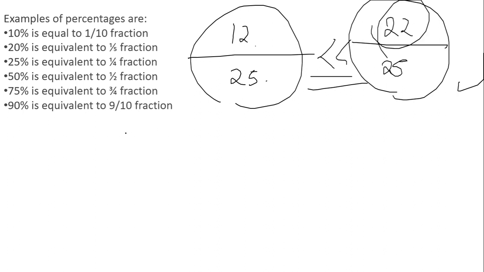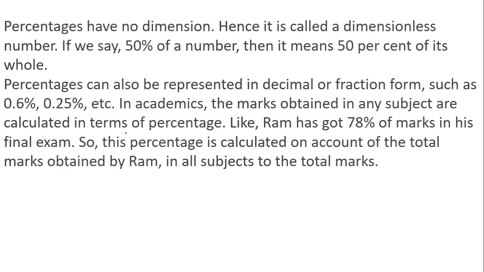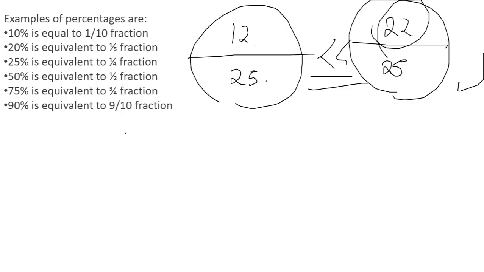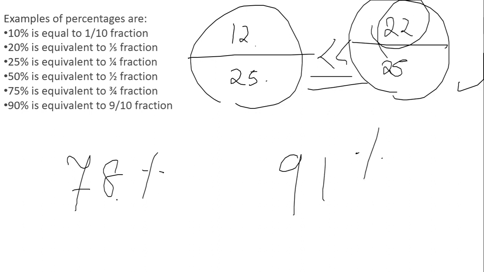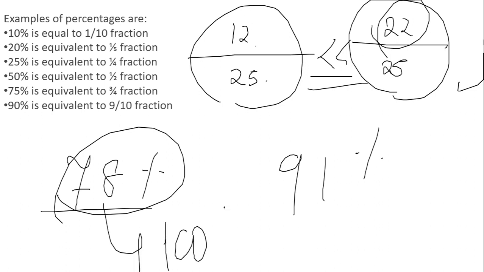At the same time, whatever percentage is given, for example, one student got 78% and the other got 91%, here we are calculating this 78% keeping in mind that whatever the exam's total marks are, we consider that to be 100%.